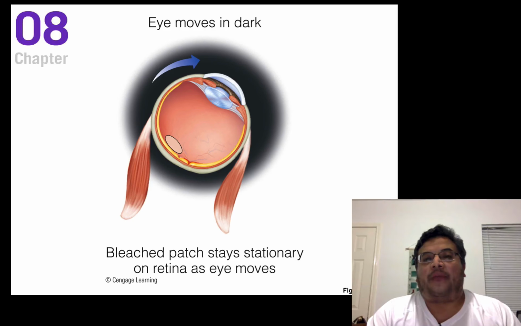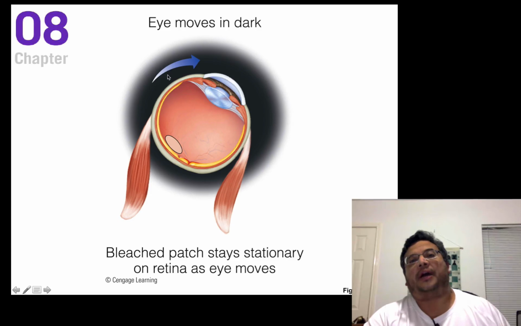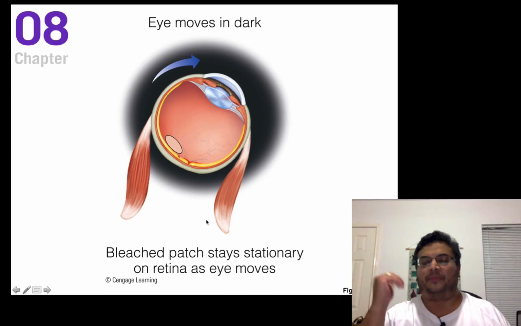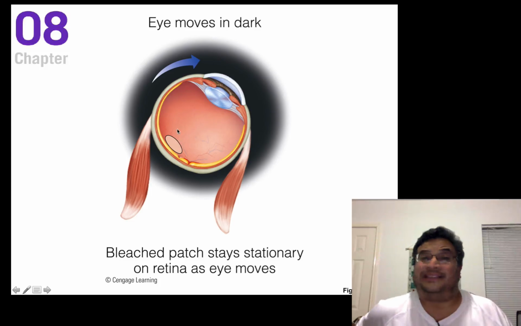And this is what happens basically. Your eyes are moving, so you're getting the muscle signal. There's a signal that is moving your muscles, and of course that signal branches off to the corollary discharge signal. However, there's no IDS signal being sent because there's no movement being detected on the retina, because the little dot that you were looking at is stuck right there where you bleached it into your retina.